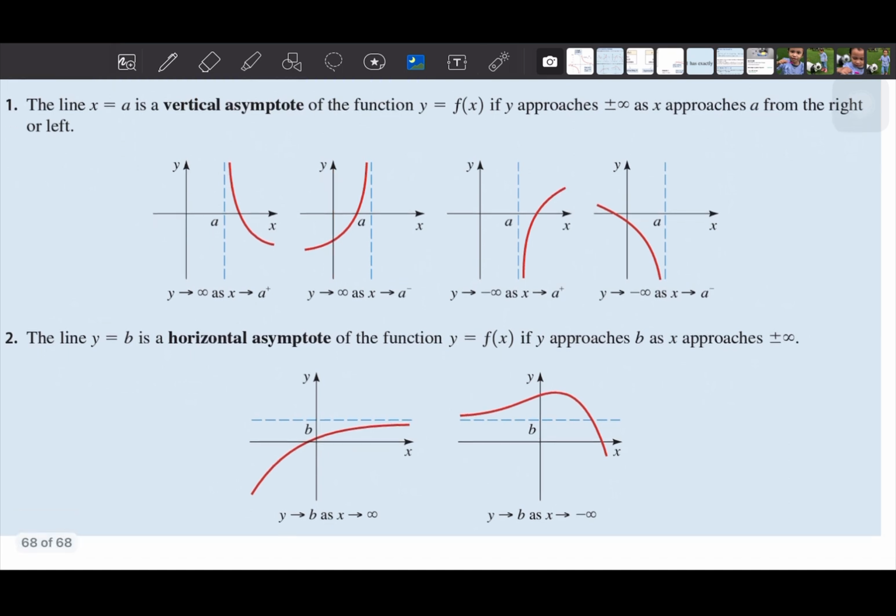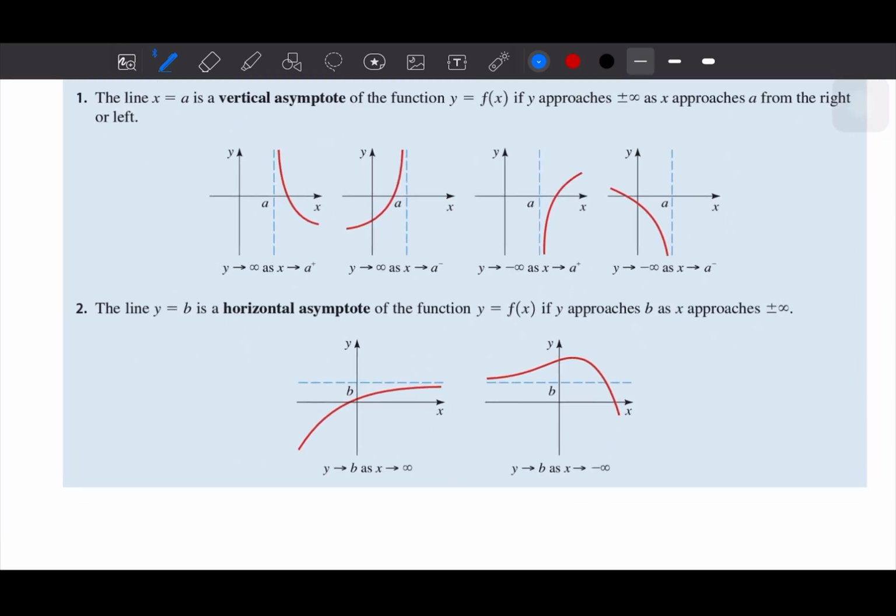But when we increase x as much as we can, and the behavior of the function approaches some constant, some number, let's say in our case this is b, then y equals b is our horizontal asymptote. I think this is clear, and if we take this into the limit concept, it becomes much more detailed, right? But we can already say that we have an asymptote concept.